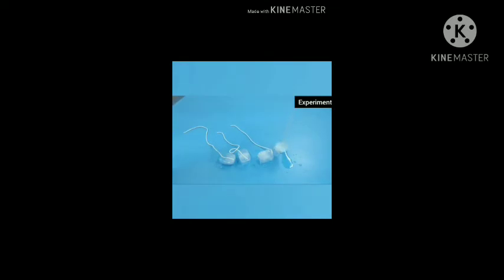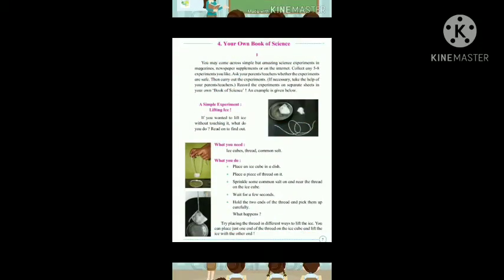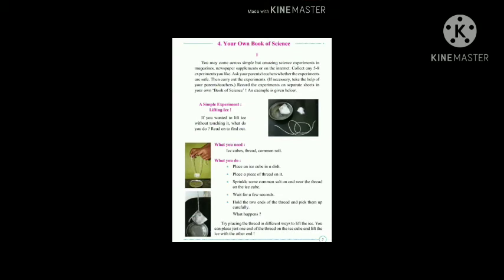You can place the middle of the thread on the ice cube and lift the ice with both the ends. Yes, kids, did you understand the experiment? So, try this experiment at home and if needed, take help of your parents.